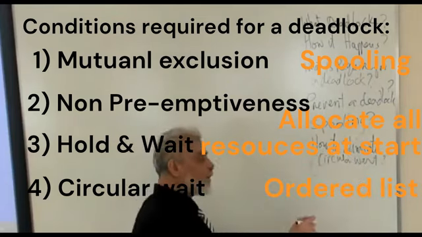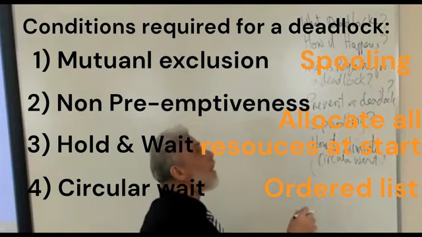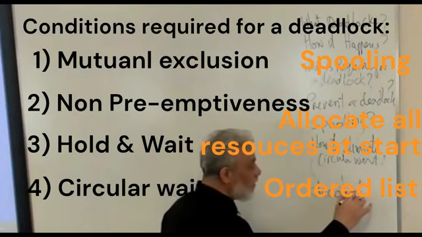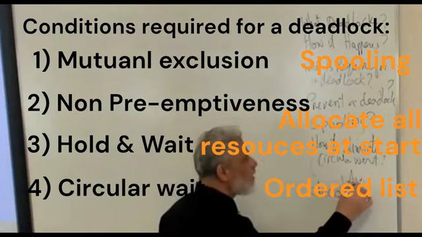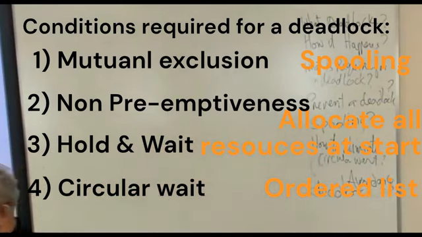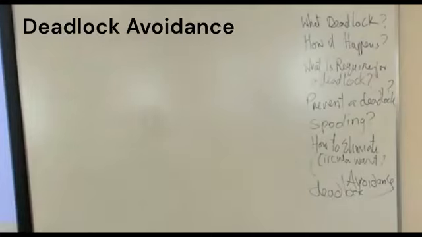If we cannot remove any of the conditions, there's something called deadlock avoidance. That's avoiding deadlock. What does avoiding mean? It means it can happen, but we'll keep kind of evading it. Try not to let it happen. In a sense, even though there's a possibility it may happen, we'll keep avoiding it to the point that it doesn't happen in the system.